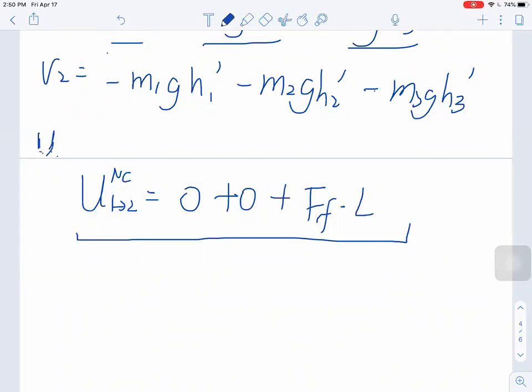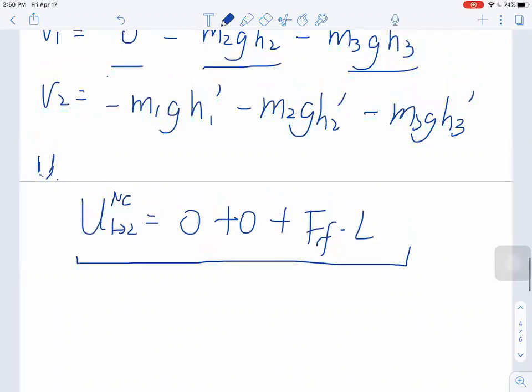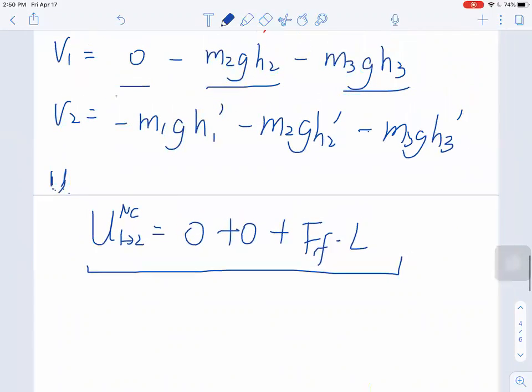Anna has a question: why is there no spring force in V2 for the last problem? Anna, can you tell me which one you're talking about? Spring force.